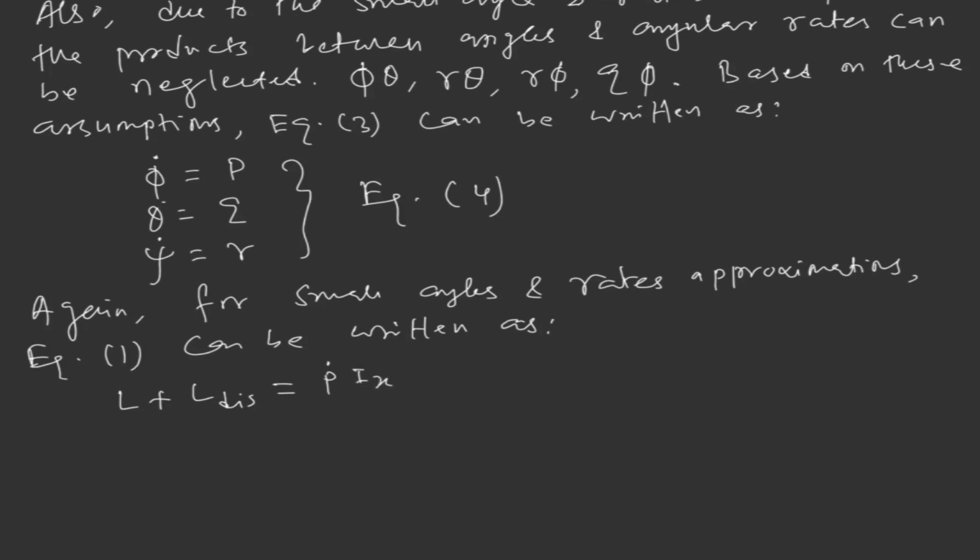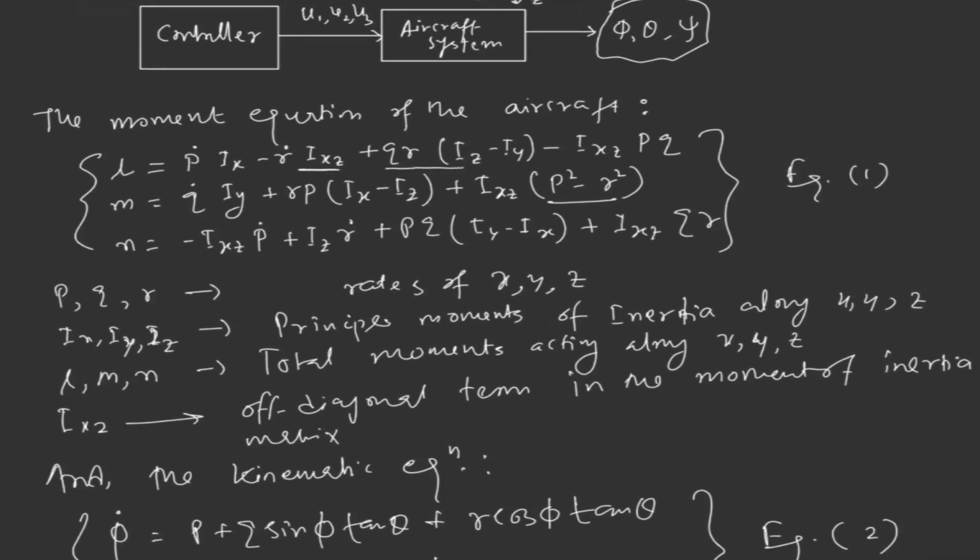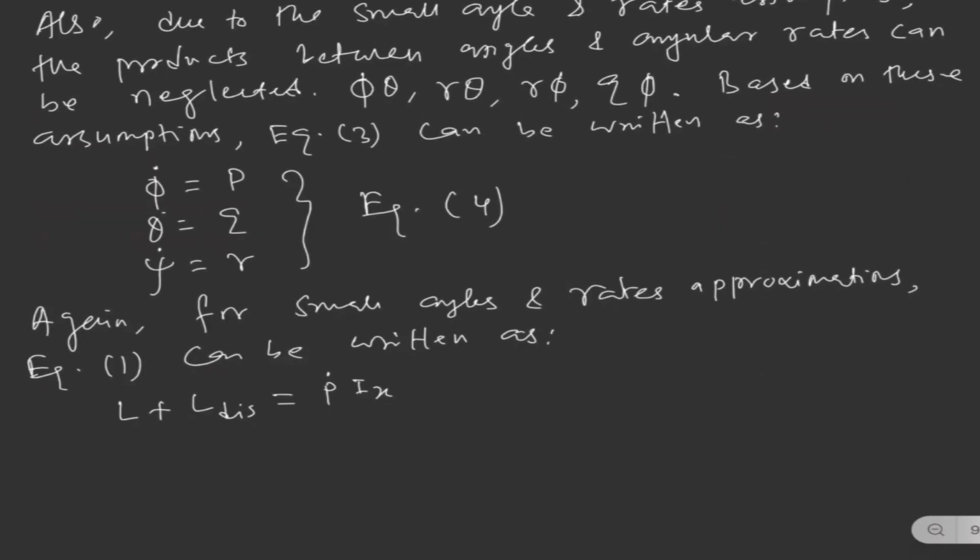Because other terms we can ignore in our moment equation. These are the terms we can neglect, because Ixz is assumed to be 0 in the off-diagonal terms, and these terms we can neglect because of the coupling between the small angle and rates. This is the multiplication of angular rates terms, which are assumed to be 0. So we can neglect these terms.